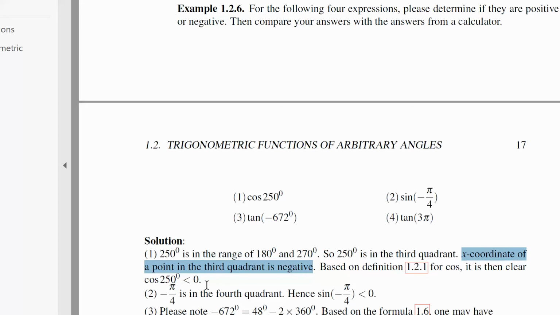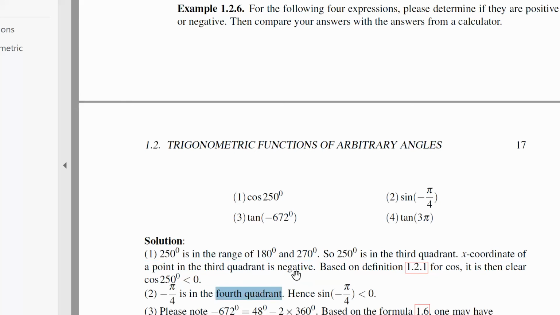That's question 1. Question 2 is sine negative pi over 4. Pi over 4 is 45 degrees. Negative pi over 4 is negative 45 degrees, which is in the fourth quadrant.